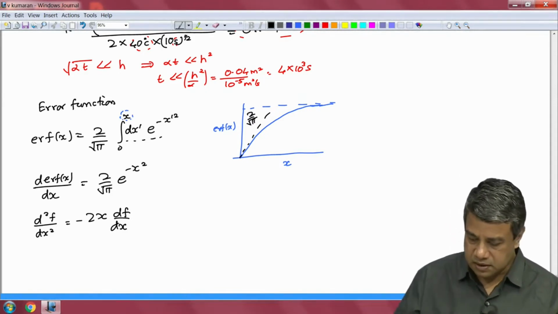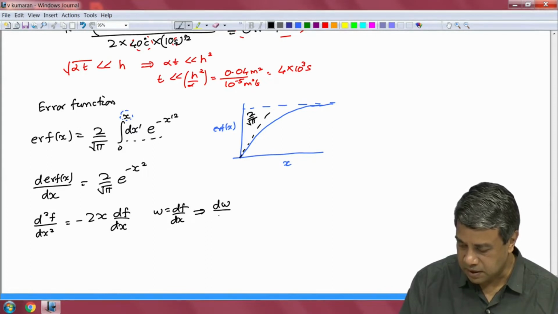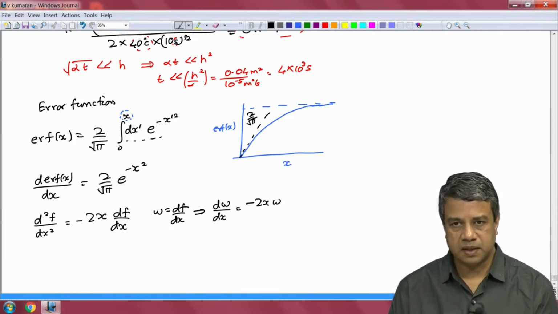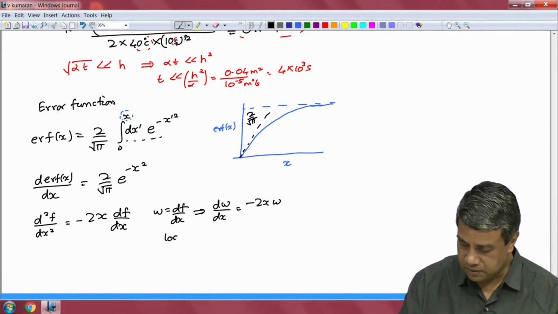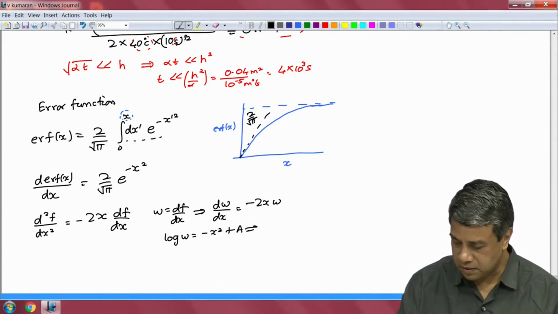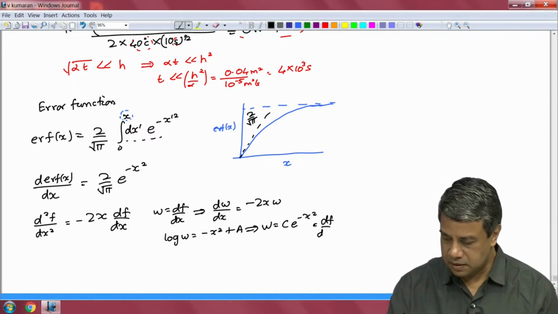You can solve this by the substitution w is equal to df by dx, which implies that dw by dx is equal to minus 2x w. Divide throughout by w, multiply by dx and integrate, and you will get log of w is equal to minus x square plus some constant, or w is equal to c e power minus x square, which is df by dx.